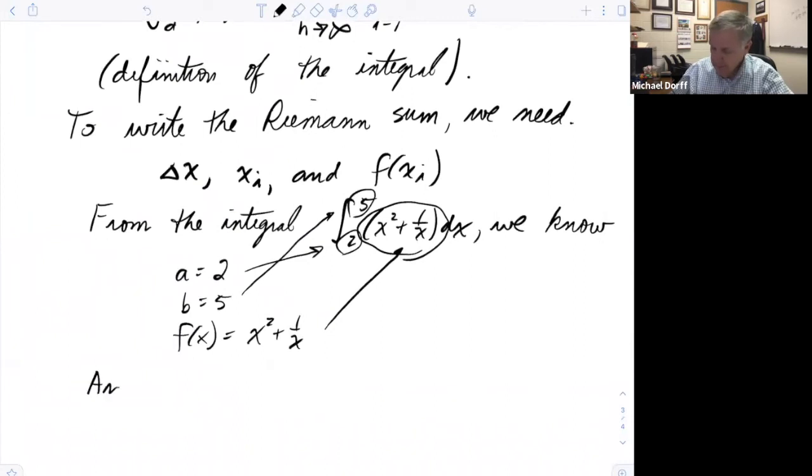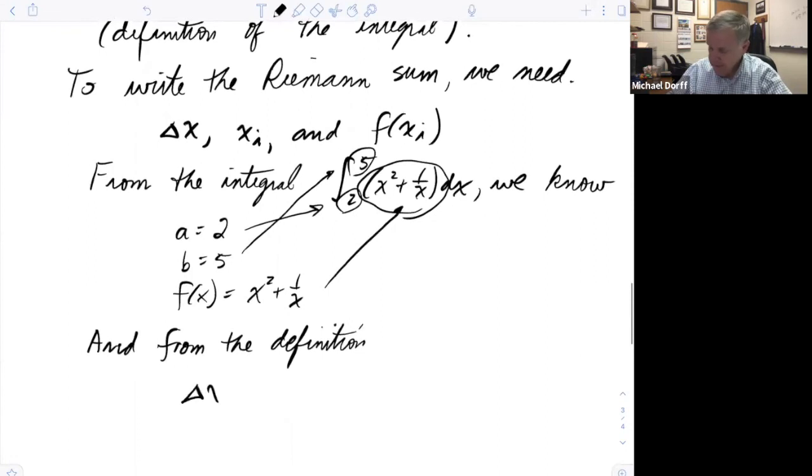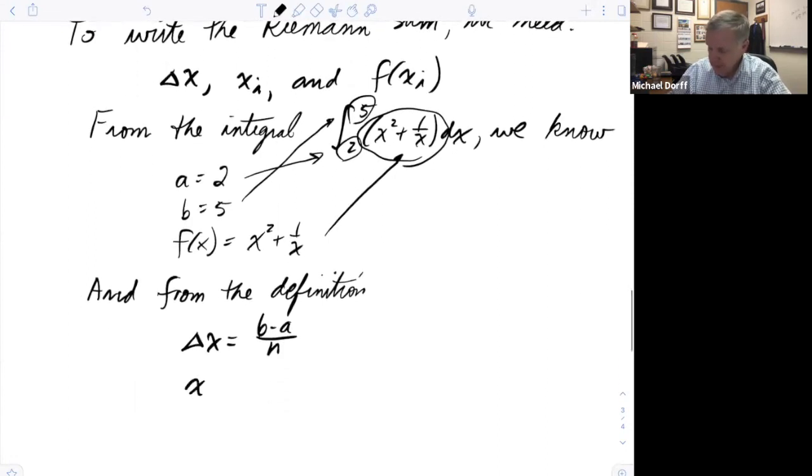And from the definition, we know that delta x equals b minus a over n. x of i equals a plus i delta x, which is a plus i times b minus a over n. Where does that come from, that definition?